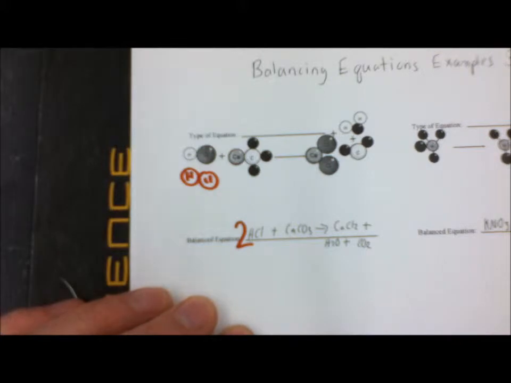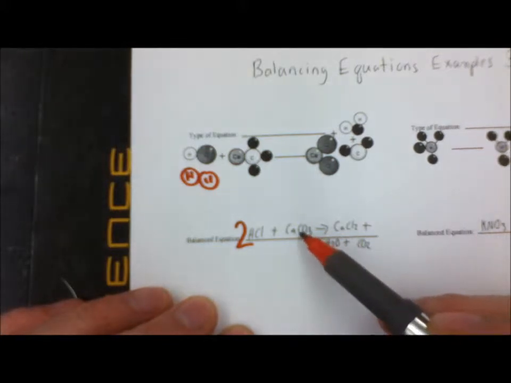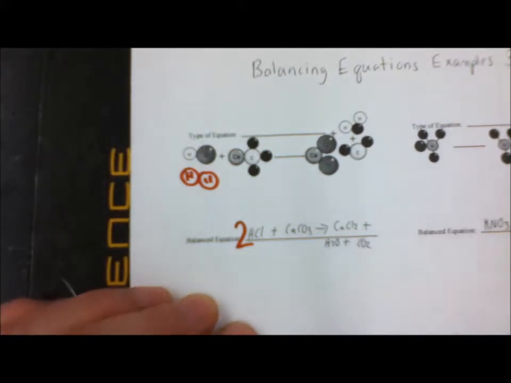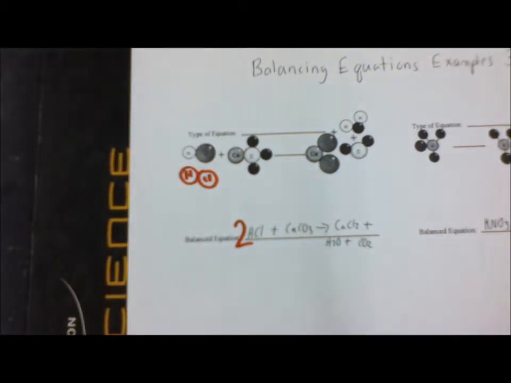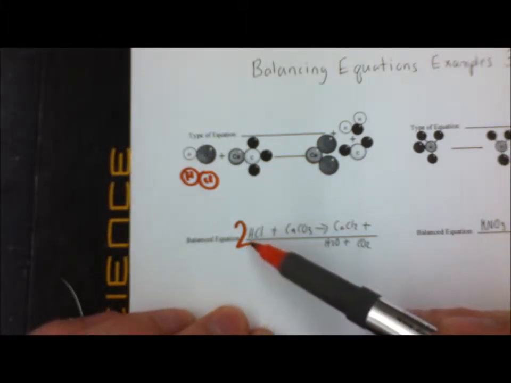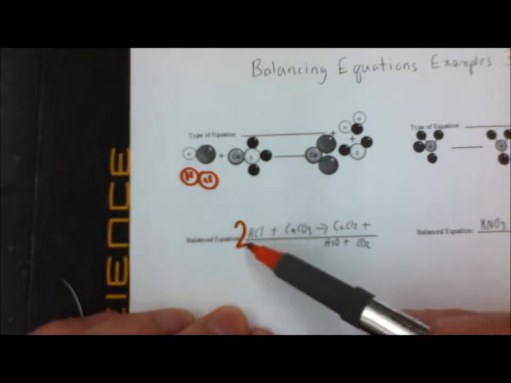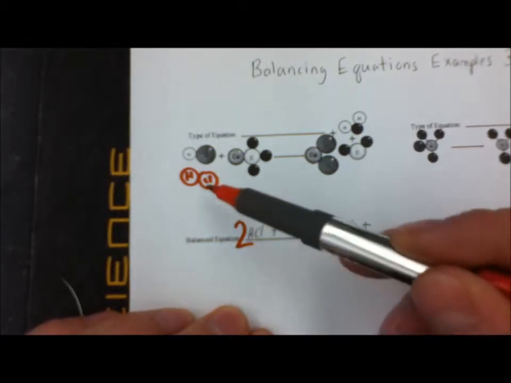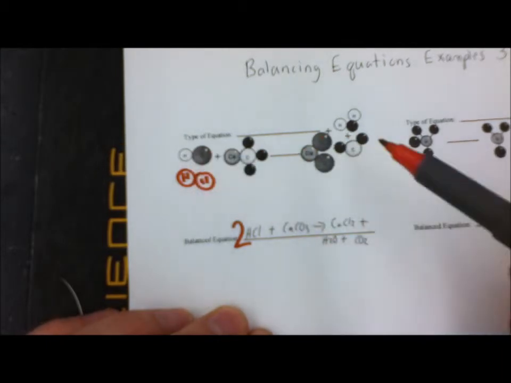Okay, let's look at the carbons. 1 carbon, 1 carbon, so those are balanced. The only thing left now is the hydrogens and the oxygens. We've got 2 hydrogens there because the 2 multiplies everything in the formula, and we see there's 2 in the drawing as well.